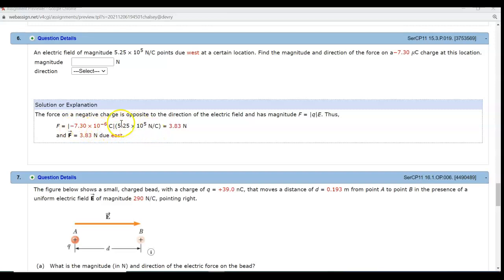So we just multiply the two together. Since you're taking the absolute value of this, it negates the negative sign, and we end up with 3.83 newtons. Since it's positive, that means it's due east.